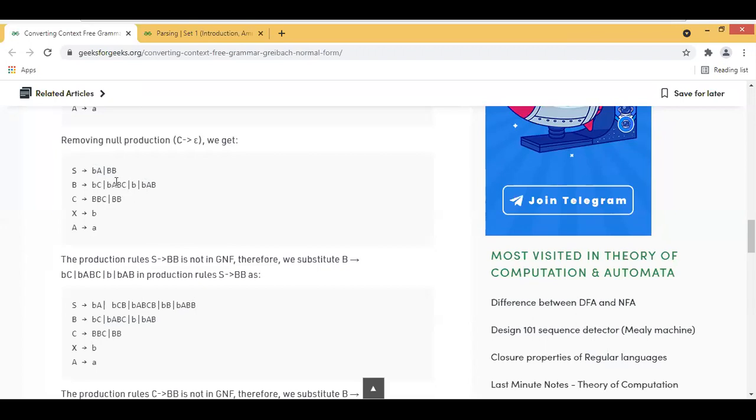So we need to substitute what B is going to generate, the B rules, in the place of this B, then you get it into the format of GNF. So now it becomes BCB, BABCB, then BB, then BAB. Now all the rules are in the form of GNF. The same thing you need to apply here also.